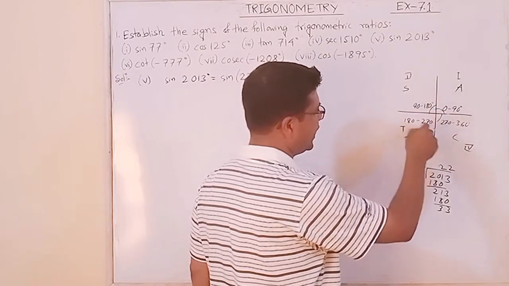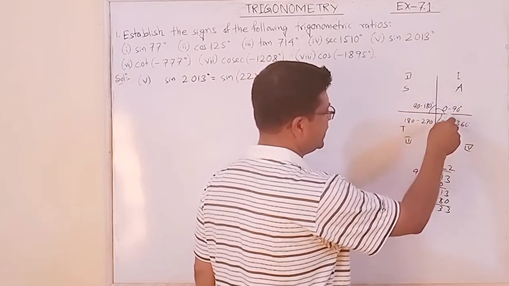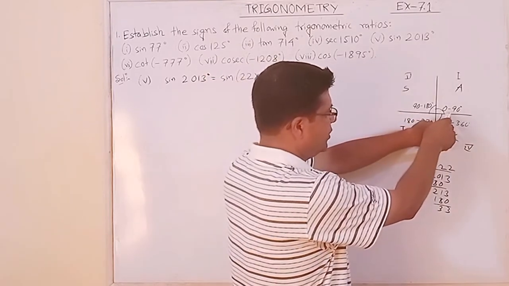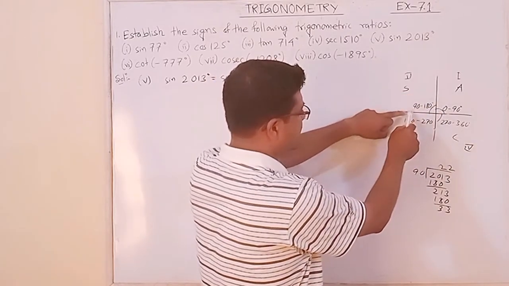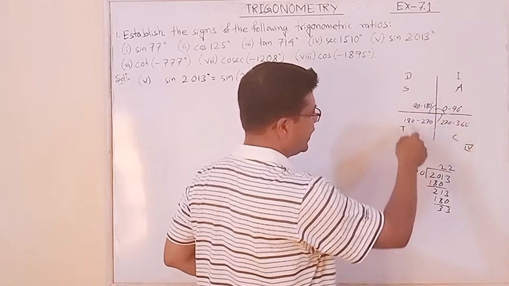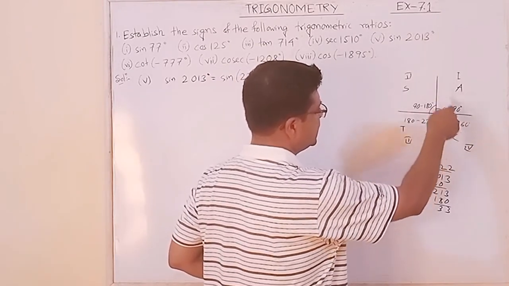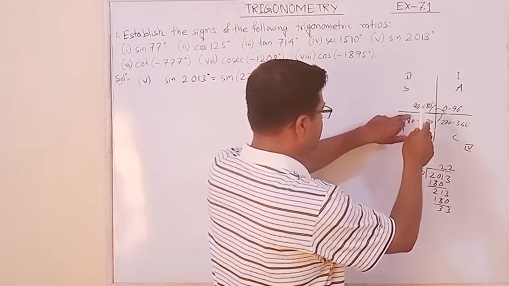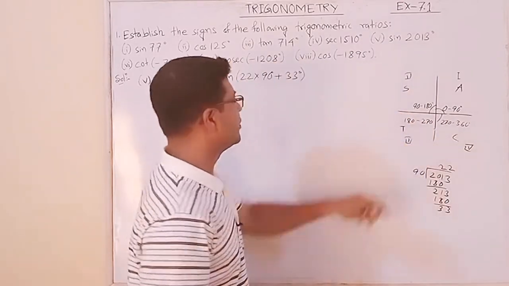4 times, 8, 12, 16, 20 times, but it is 22. 20 here, no? 21, 22 times we have rotated, so we'll come here. Again I am repeating, 4, 8, 12, 16, 20, 21, 22 up to this much plus 33, it will be here in the third quadrant.